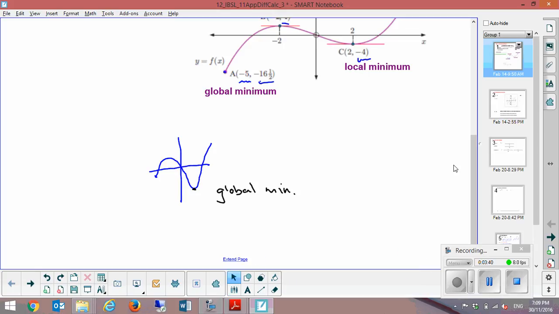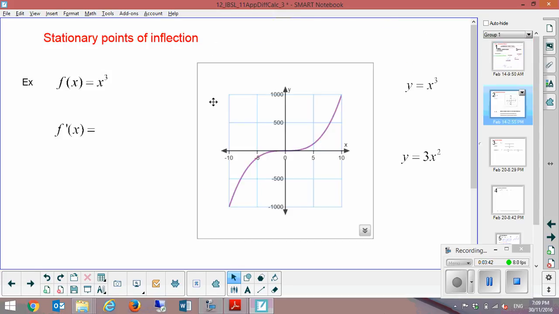Let's now have a look at this next one here, which is looking at stationary points of inflection. It's a stationary point, and remember we're using that term to say it has f'(x) equal to 0. So when we look at this cubic function, and we take the first derivative, so if we differentiate this, the first derivative is going to be 3x squared.